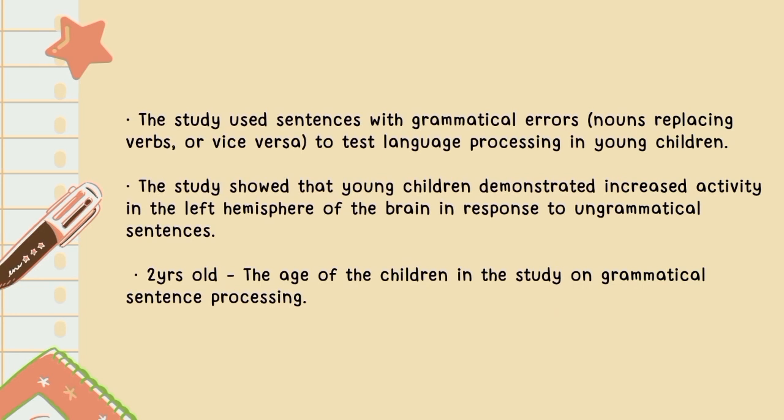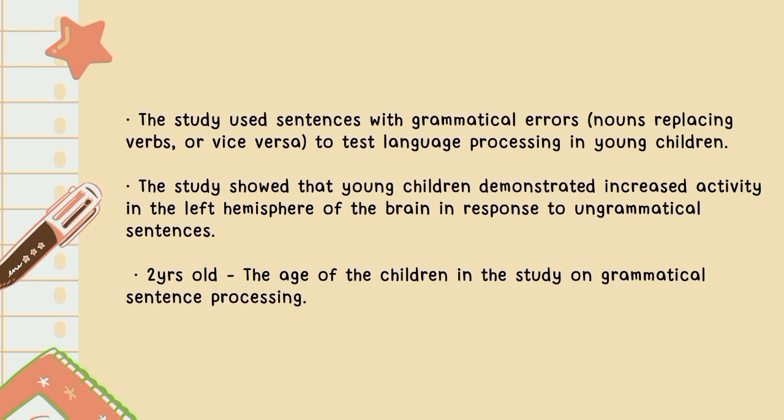The study used sentences with grammatical errors, nouns replacing verbs or vice versa, to test language processing in young children. The study showed that young children demonstrated increased activity in the left hemisphere of the brain in response to ungrammatical sentences. And 2 years old was the age of the children in the study on grammatical sentence processing.